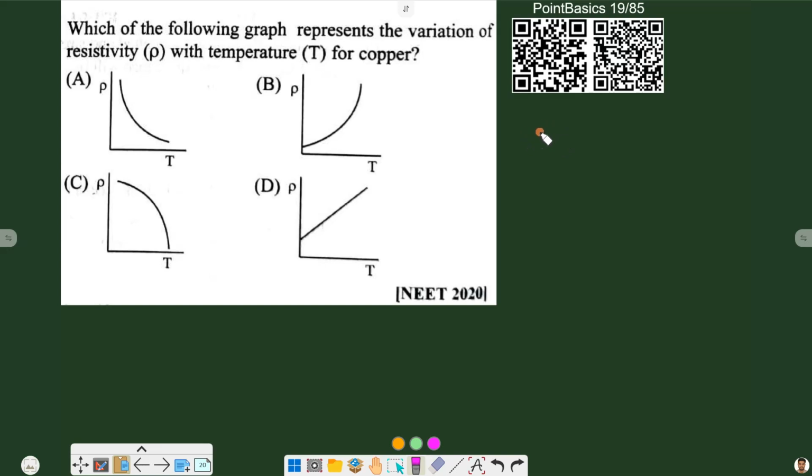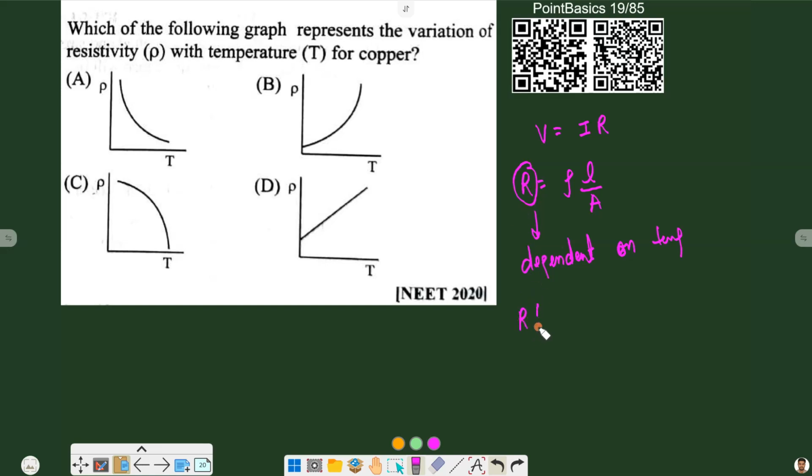One of them we can find using Ohm's law, that V is equal to IR, and we know that resistance is rho L upon A. Now we know that this resistance R is dependent on temperature.